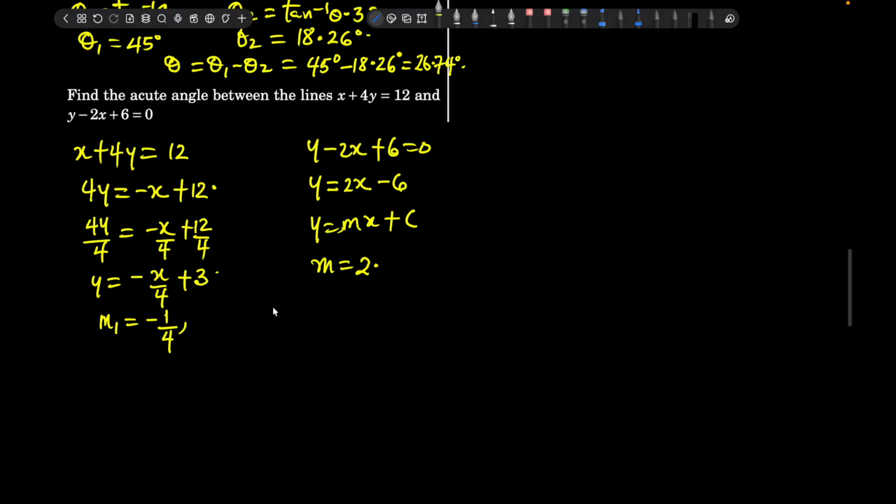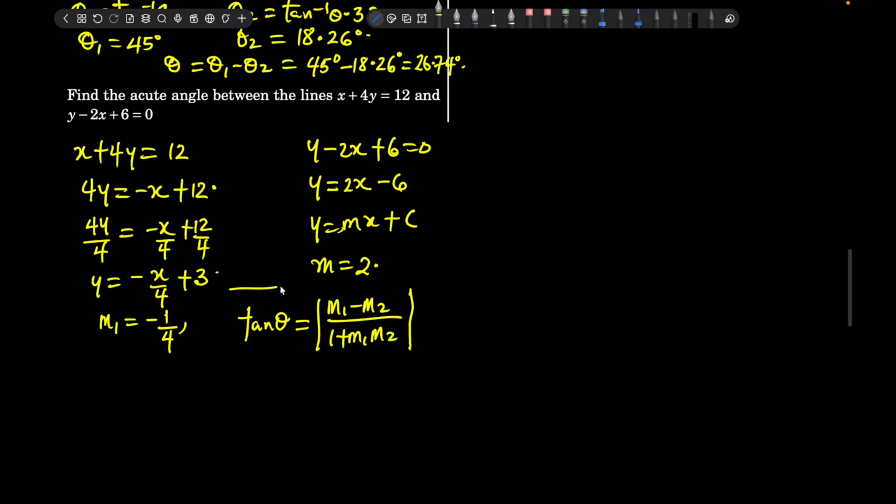Now, for the general method, the tan formula, tan law, the formula says that tan theta is equal to m1 minus m2 over 1 plus m1 m2.